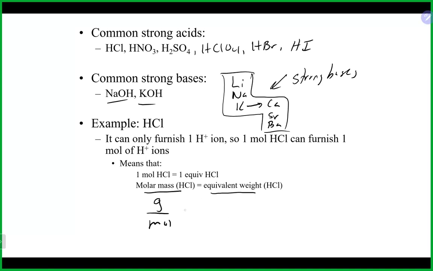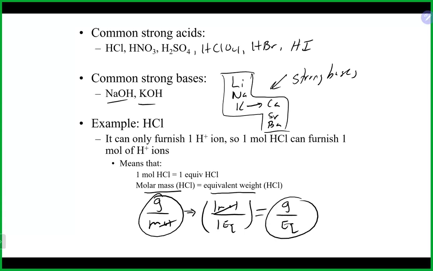And because 1 mole of HCl will give you one equivalent, the moles will cancel. It's a one-to-one relationship. You'll end up with grams per equivalent. So the molar mass in grams per mole and the equivalent weight will actually be the same number because it's a one-to-one relationship between those two.